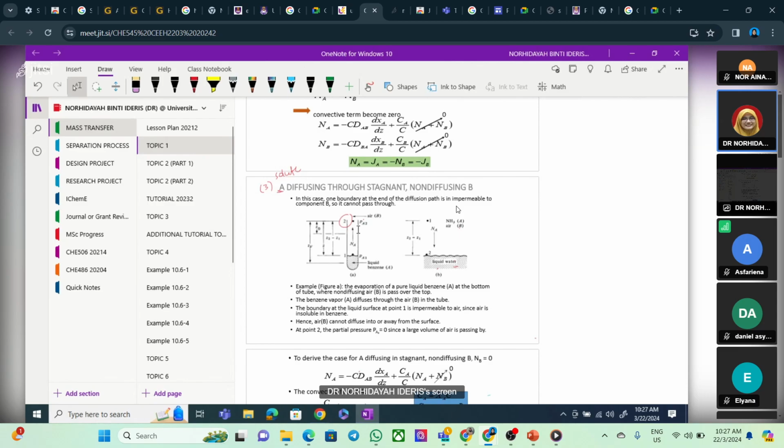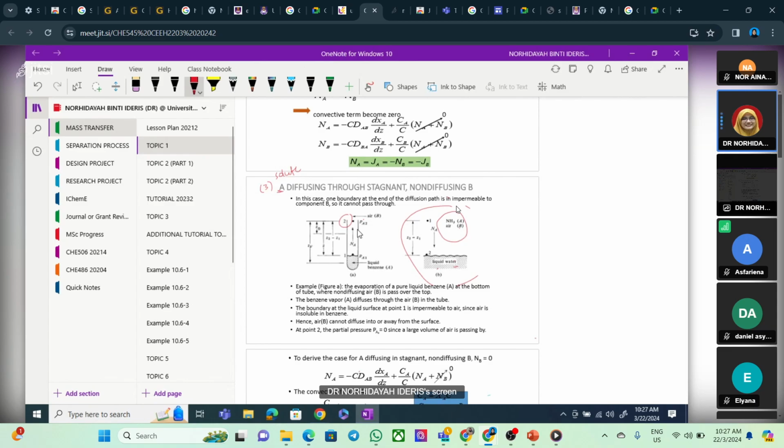Okay, the second case here, contohnya sini dekat dalam wastewater treatment inside the plant. So you have a mixture of gases in air. Usually we have methane bercampur dengan air, or sometimes we have ammonia gas bercampur dengan air, right?